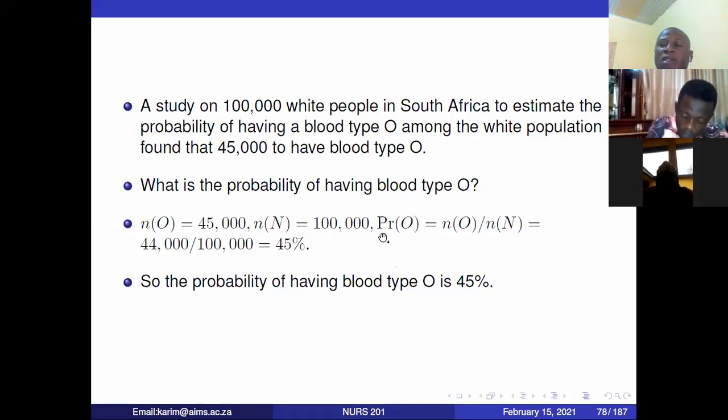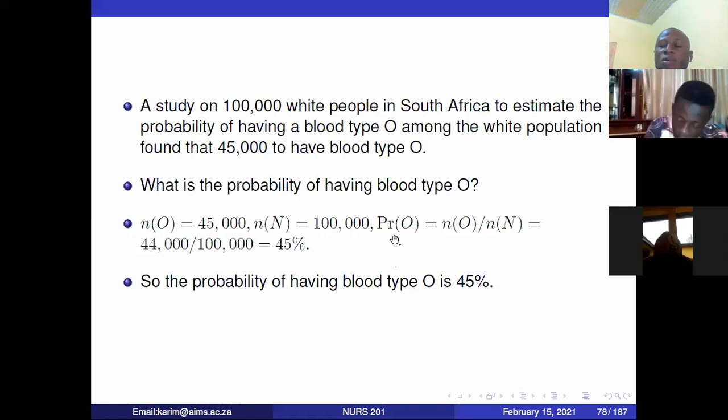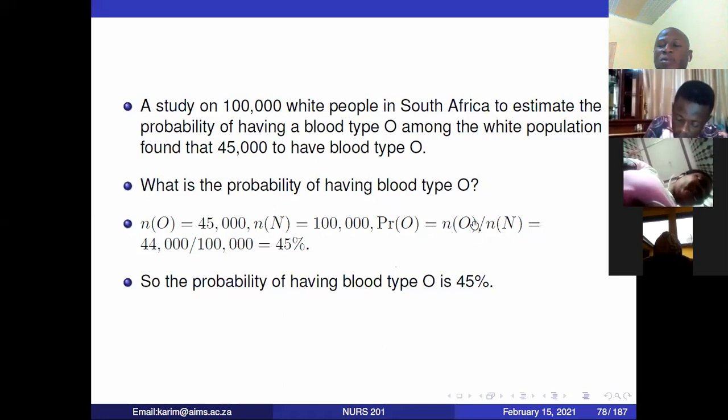Then the probability of having blood type O is equal to the number of people with blood type O divided by the total population of white people. This is just an assumption.